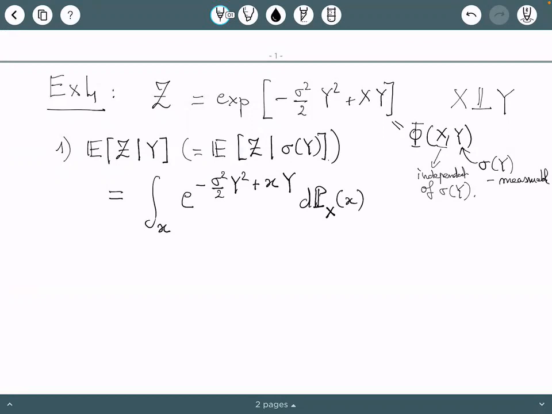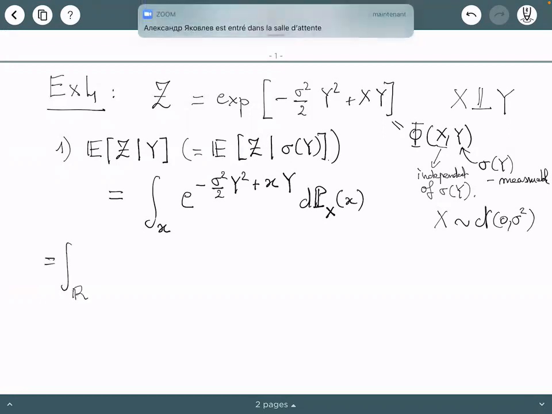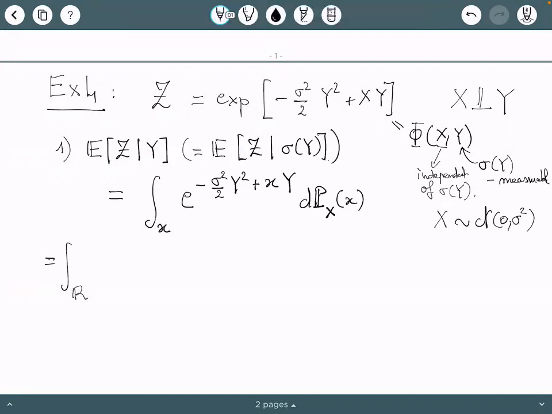Now what is the law dPx x? I know what it is because we know that X is a normal variable with mean 0 and variance sigma squared. So this dPx x is in fact given by 1 over square root of 2 pi sigma squared exponential of minus x squared divided by 2 sigma squared dx.